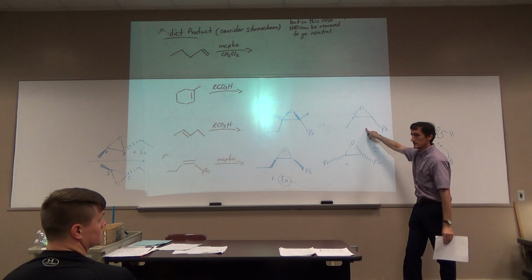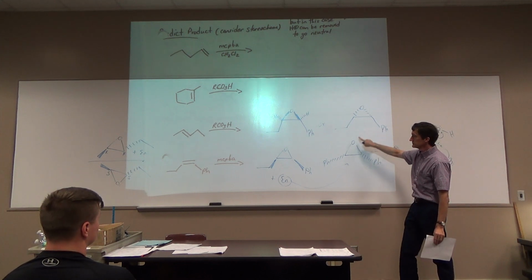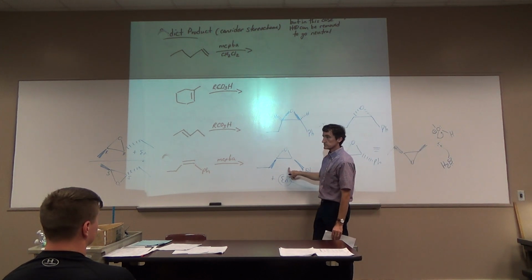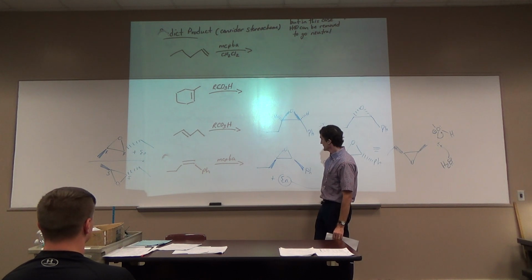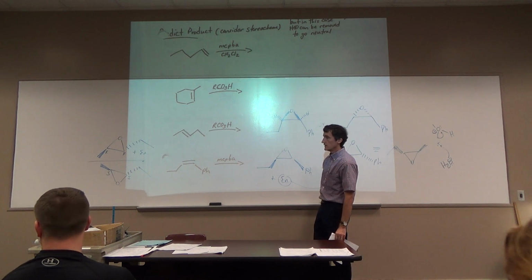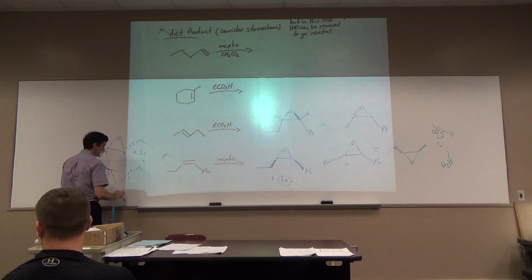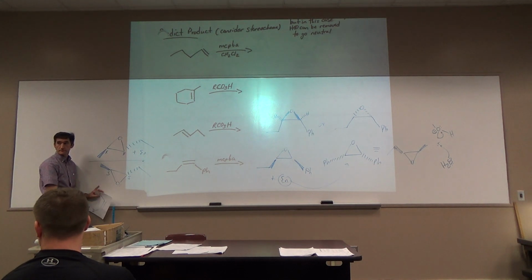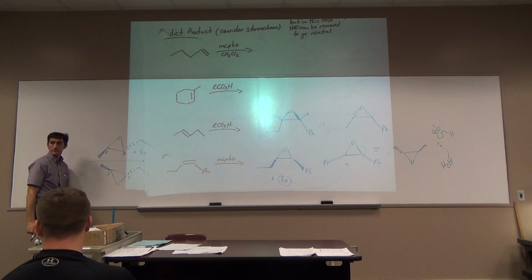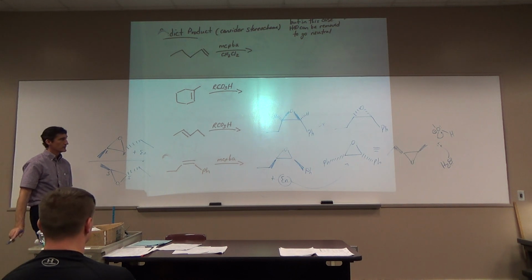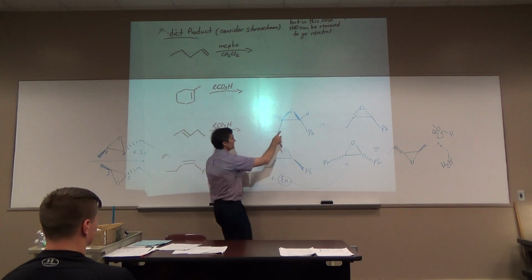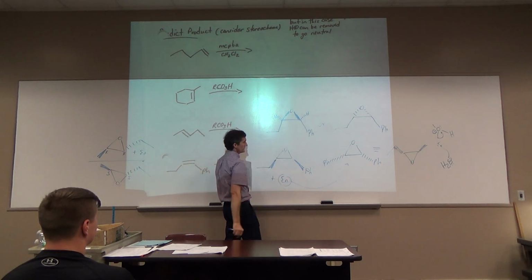No, I think it's trans. For this one, if you draw it like that, you can't tell which one's forward and which one's back. If you draw it the way I did the first time, I couldn't tell which group was forward and which one was back. I'm not sure. But this one, which one is it? The way I would have to tell is to do R/S.